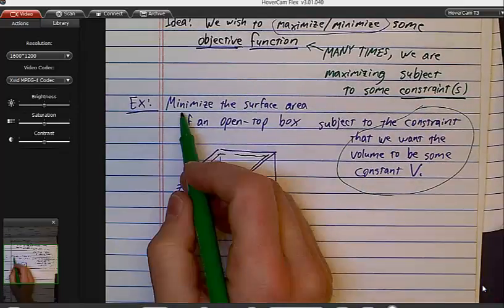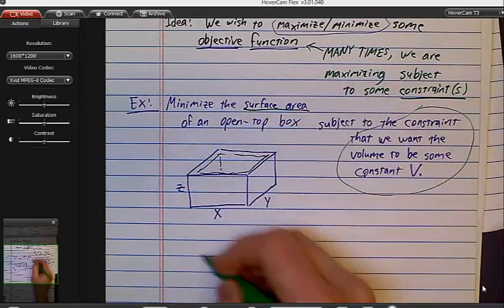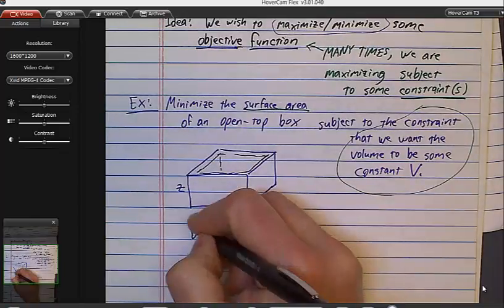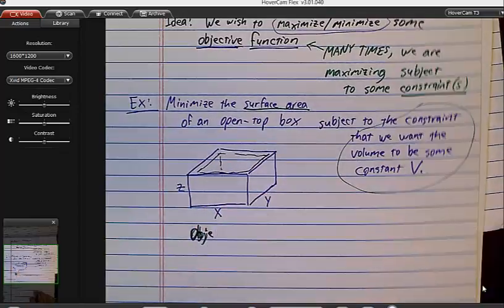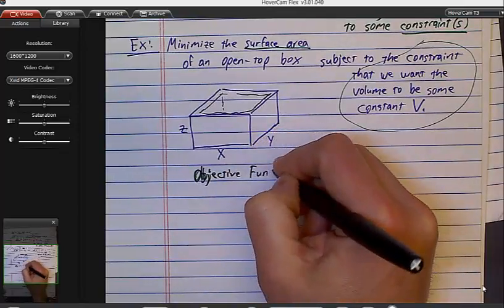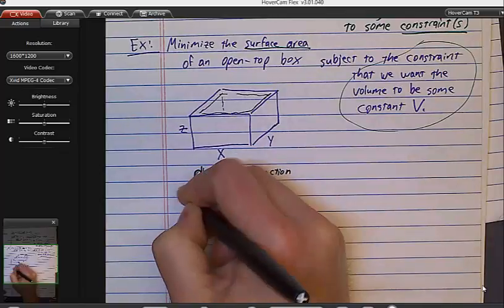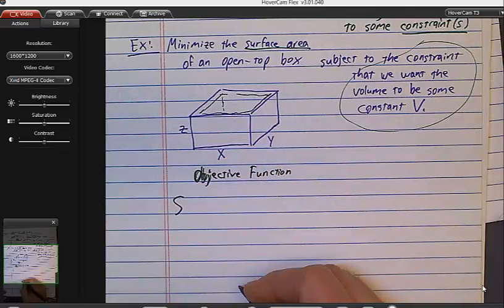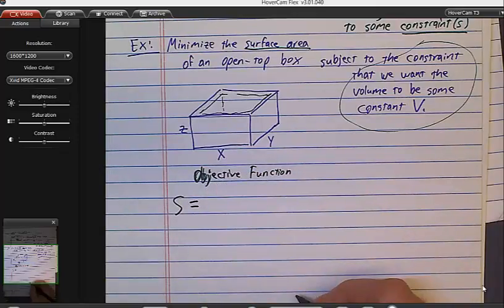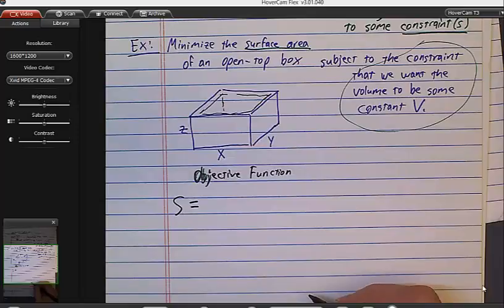The thing I'm trying to minimize right here, right? My objective function, okay? So I'll write that in black. Objective function would be S for surface area. S is equal to what? Well, what would be the surface area of this box?